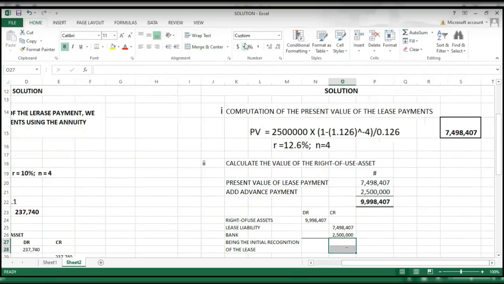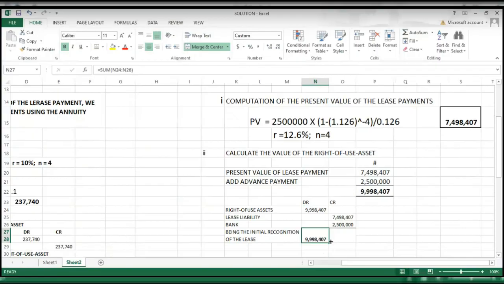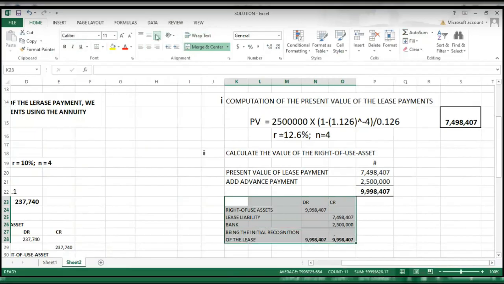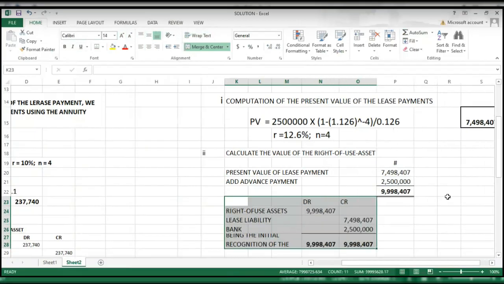Your journal description should not extend beyond your calculation. So this is how we do it in practice. Being the initial recognition of the lease, you can see everything we have done here.